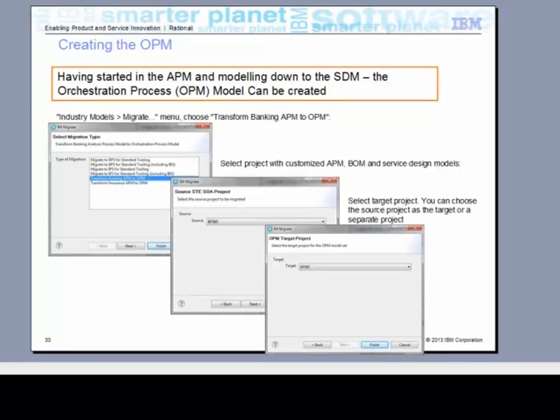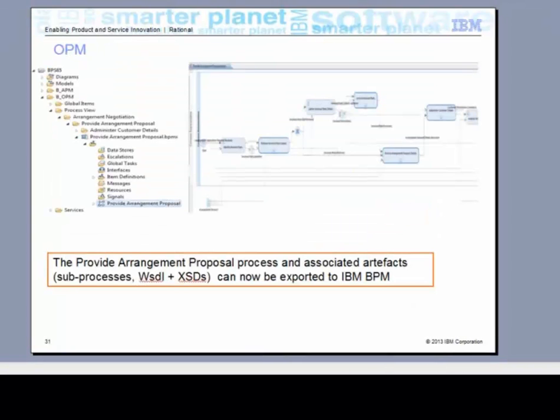So, for example, you could be using IBM's business process management suite of tools, Process Designer and Integration Designer, to design the process and then to bind the services to that process and then to deploy those out to, for example, WebSphere Process Server.